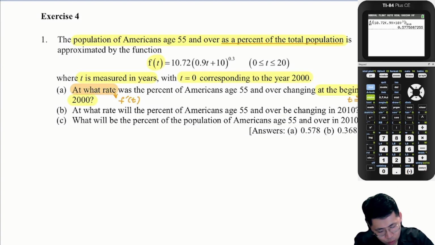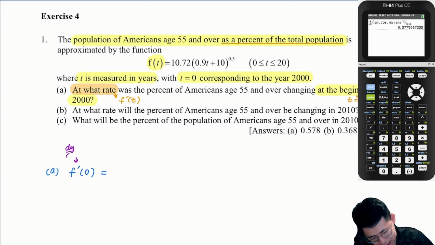Okay, so over here, what we are going to write is f prime of 0, because f prime is the derivative, so this is d/dx, so this one over here is dy/dx when x equals 0.